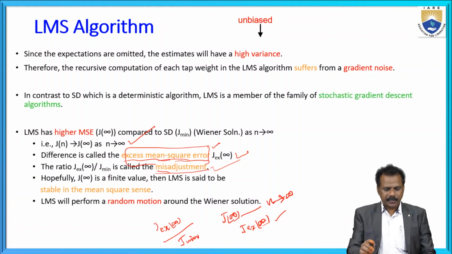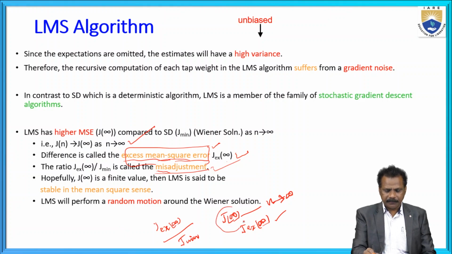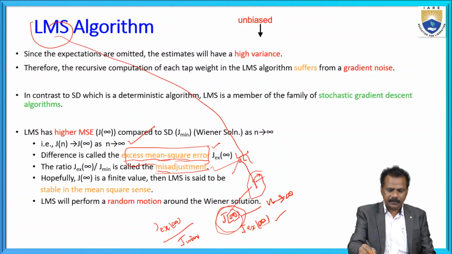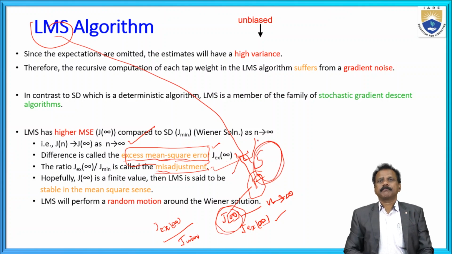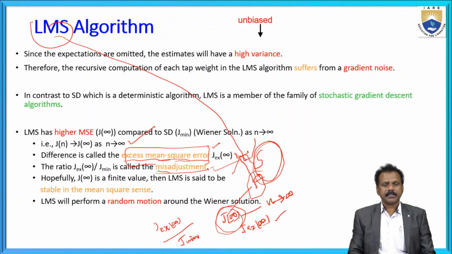Hopefully J of infinity is finite, then the LMS algorithm is said to be stable in the mean square sense. Therefore, the LMS will perform a random motion around the Wiener solution.